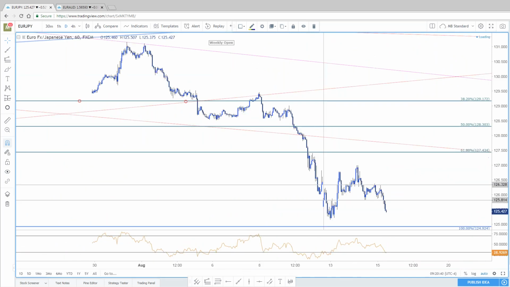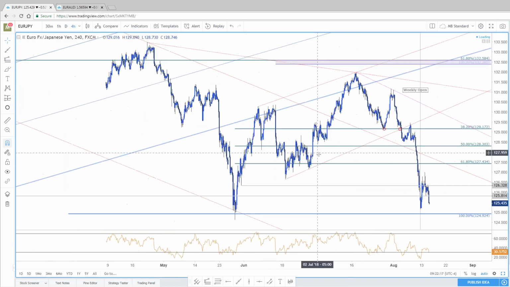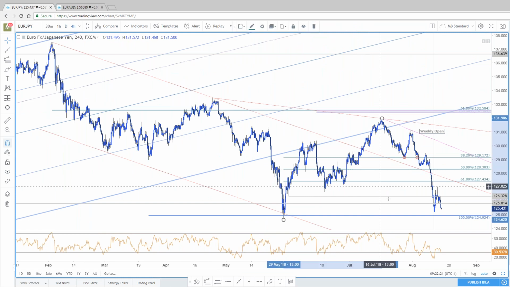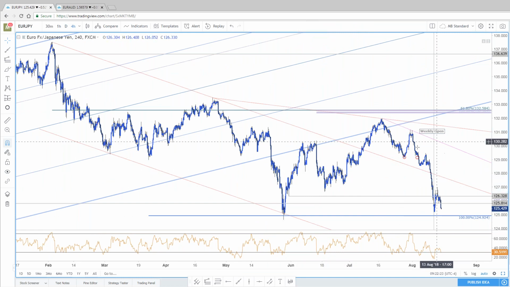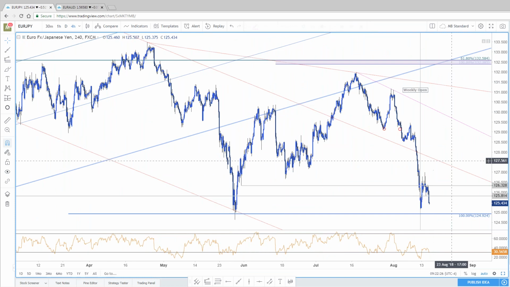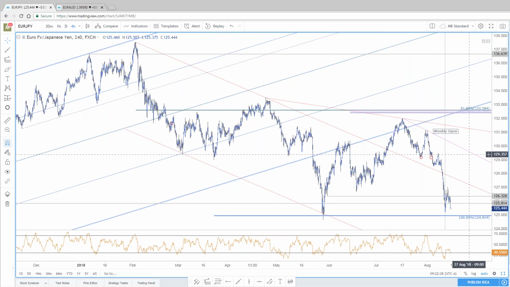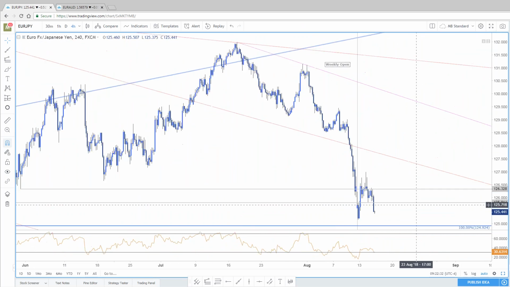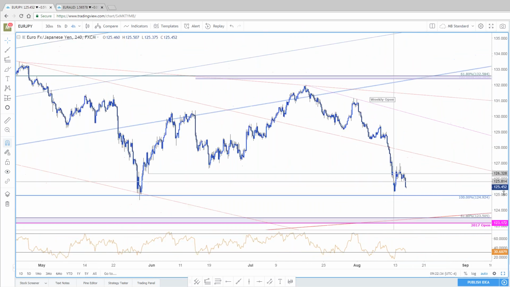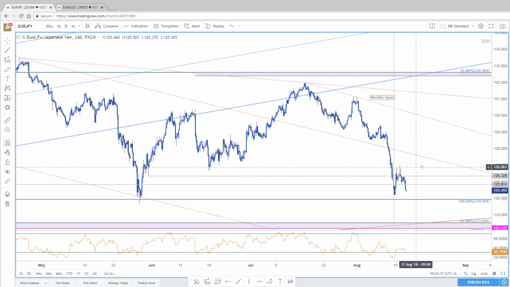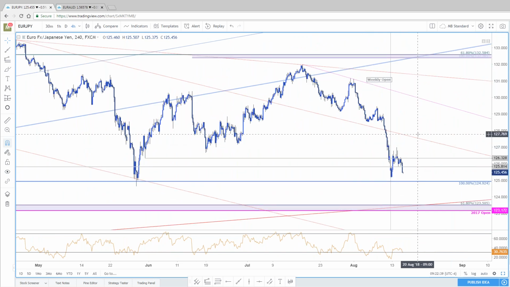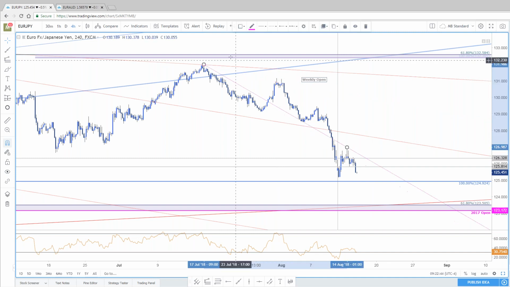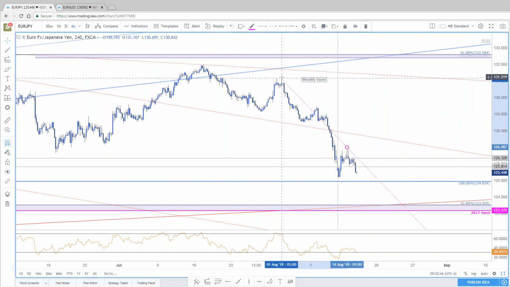Let's see what the near-term picture says. Let's update this chart real quick. There is just no slope to work with here at all.